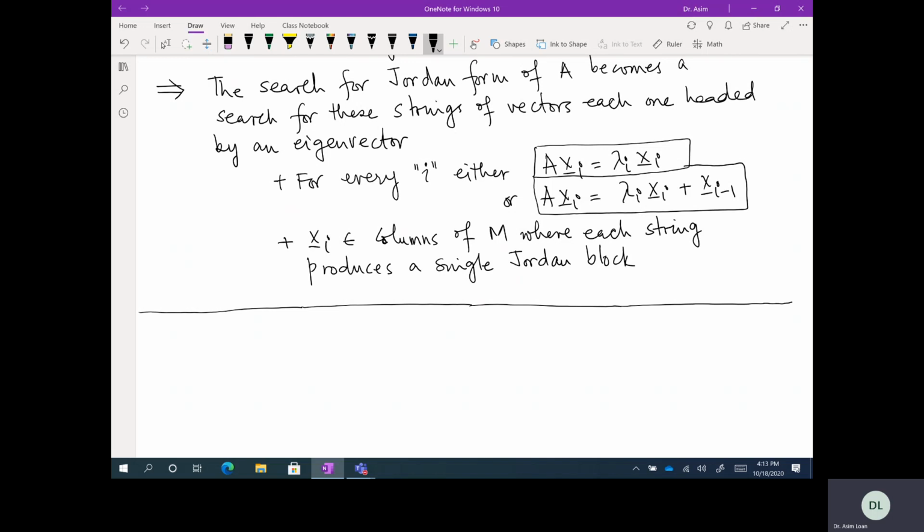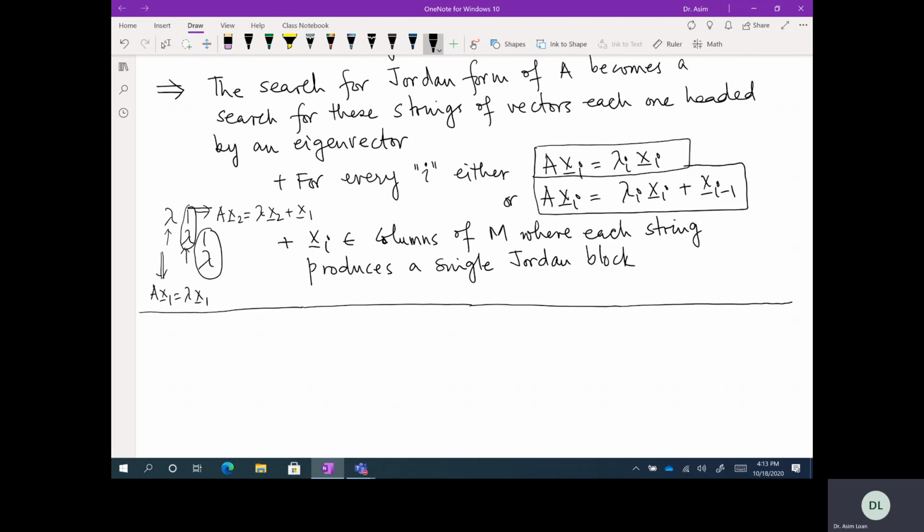So if we have a Jordan block which is lambda 1, lambda 1, lambda, this will give you A x1 equals lambda x1. This is going to give you A x2 equals lambda x2 plus x1.